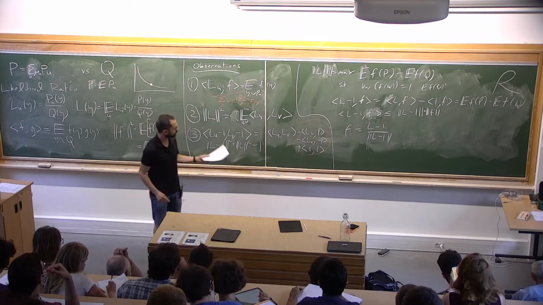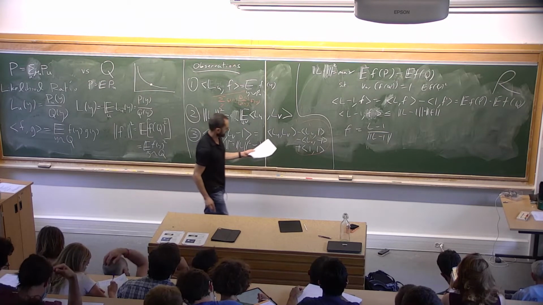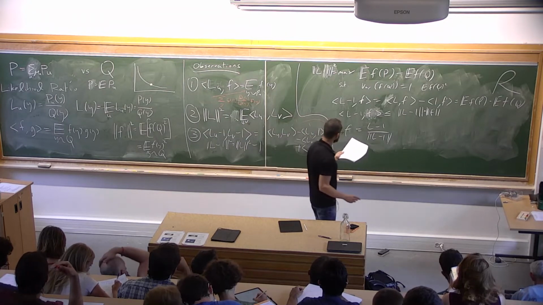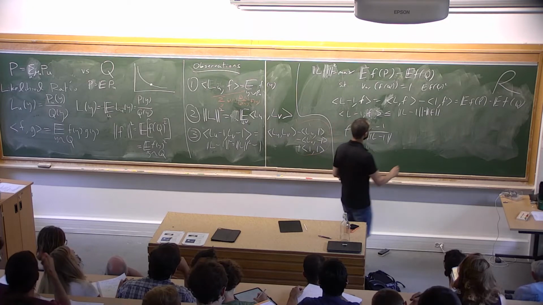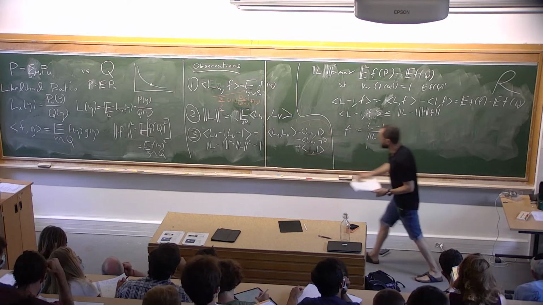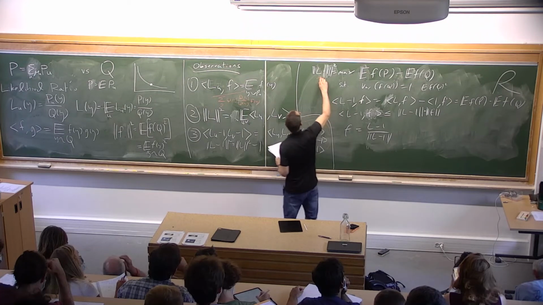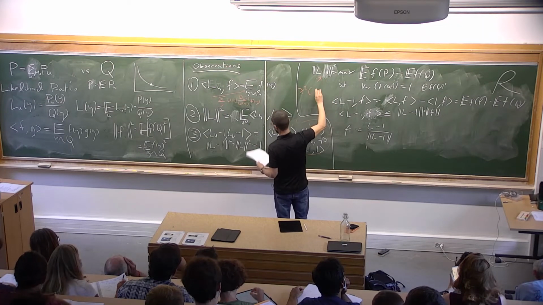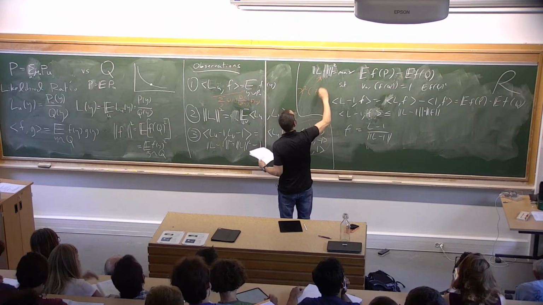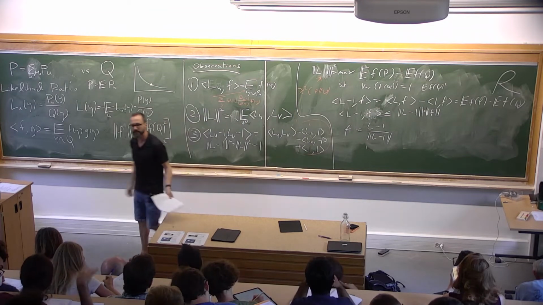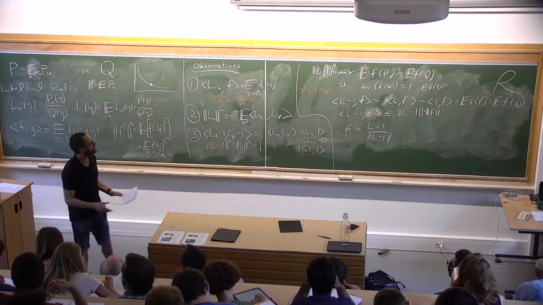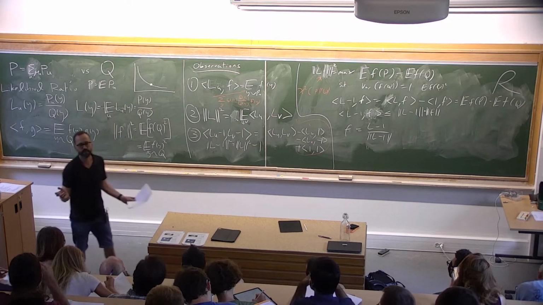And another way to say it is that this quantity is also known as the chi-square divergence of P and Q. So this has a very nice operational meaning.